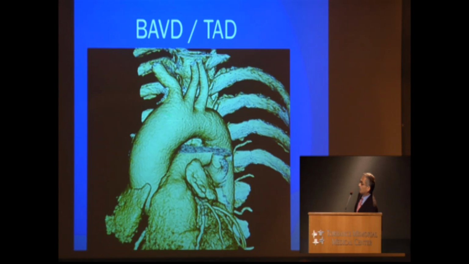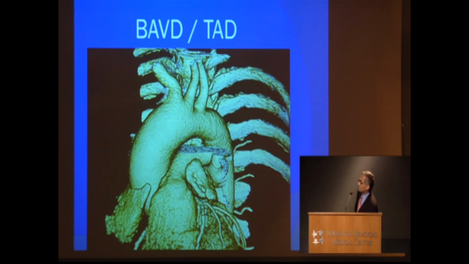It's a common ostia to the innominate artery and left carotid artery, and then a separate ostia to his left subclavian. Notice that his descending aorta is rather large. So really, comparing the ascending aorta to the descending aorta will underestimate the importance of the size of the ascending aorta.